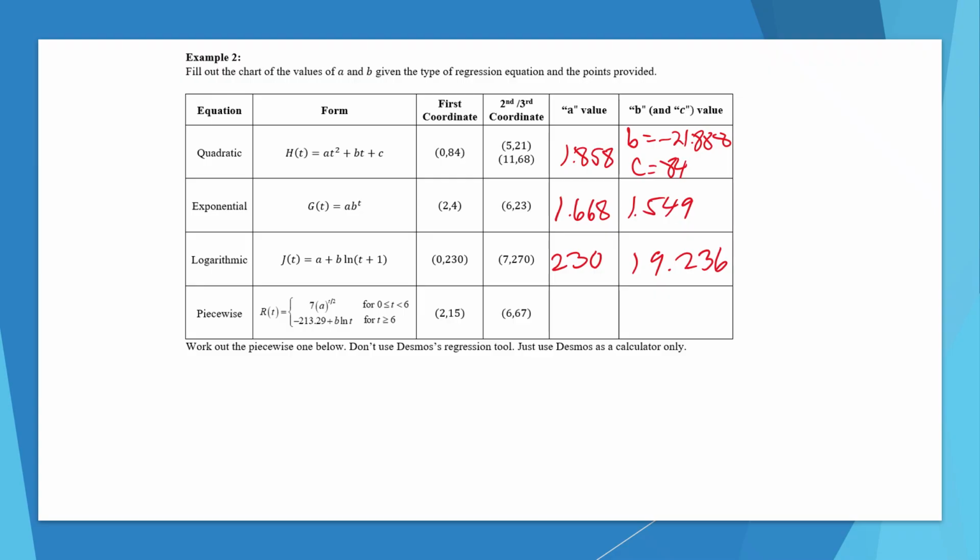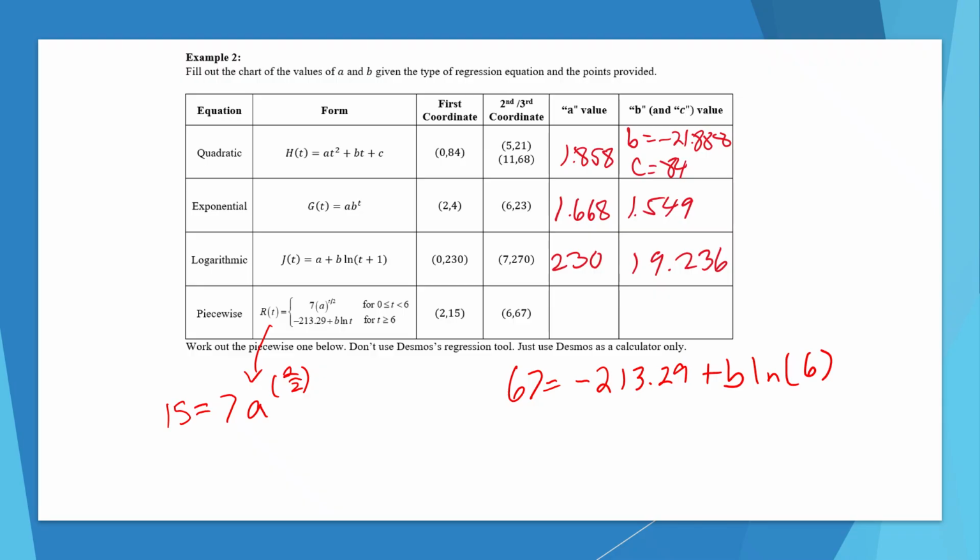Right, so taking a look at this one here, our two equations, if we plug in those two into the piecewise, would be 15 equals 7a to the power of 2 over 2. And then our second equation would be 67 equals negative 213.29 plus b ln of 6.